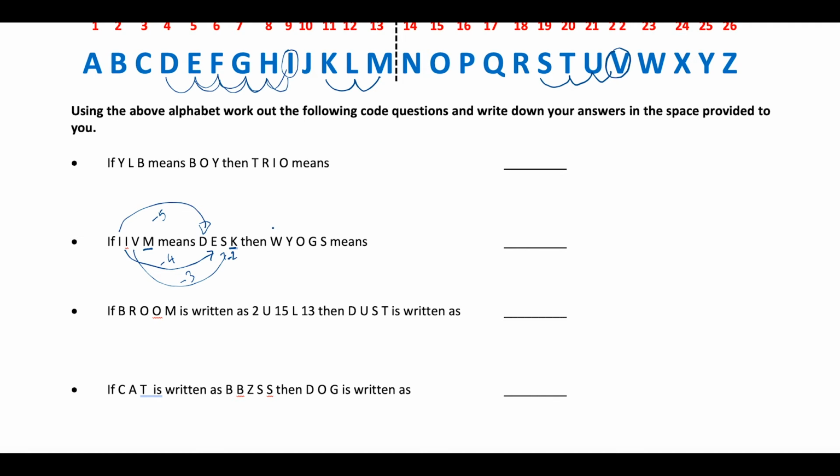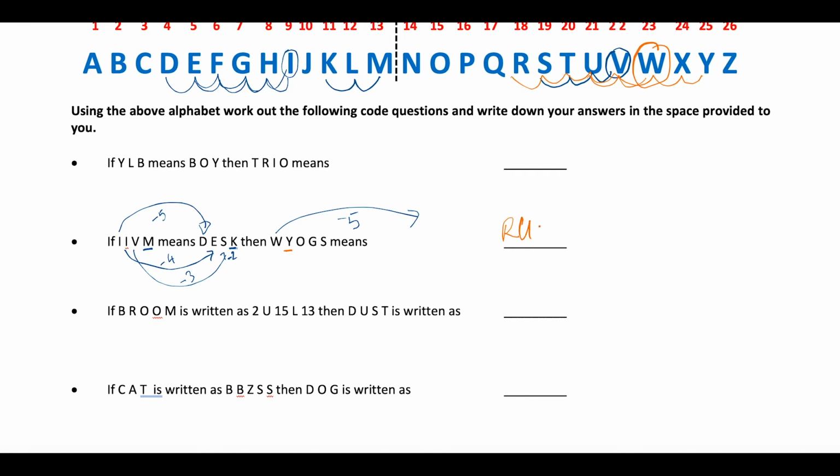So I'm going to follow the same thing. I'm going to start with W and go back -5, and then -4, -3, -2, -1. Just change color so we can see this. We're going to start with the W and go -5 backwards. 1, 2, 3, 4, 5. That gives us an R. Then Y, we're going to go -4. 1, 2, 3, 4.